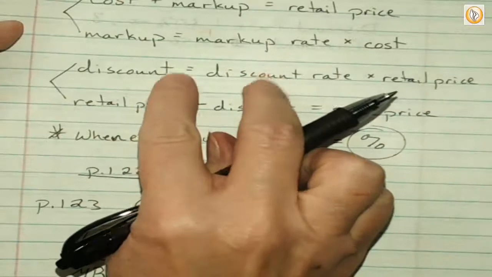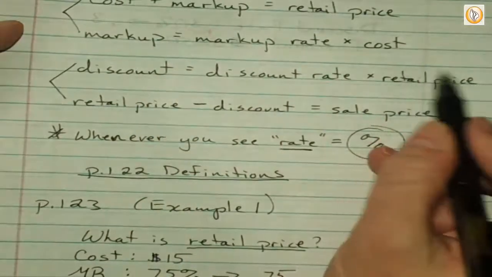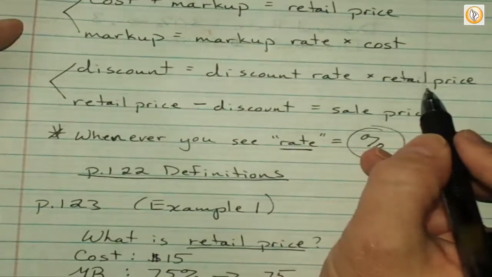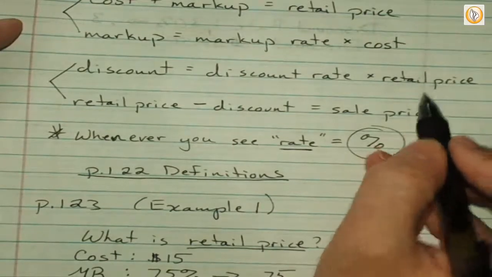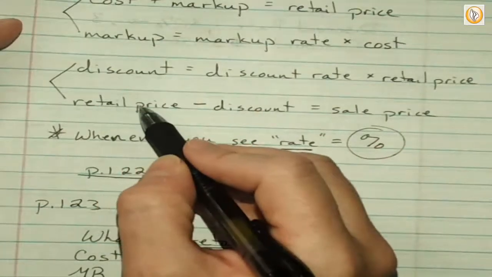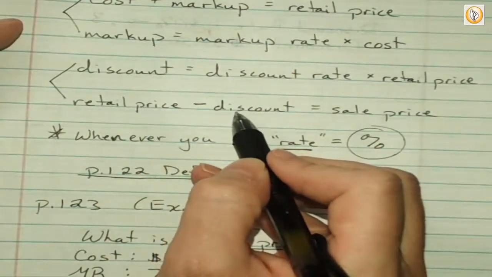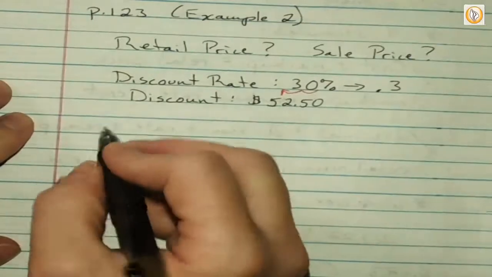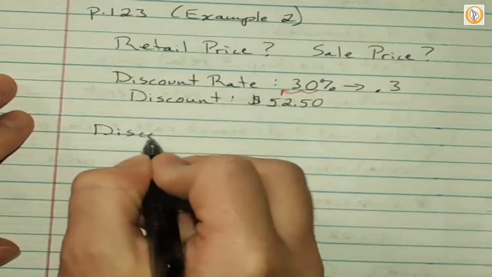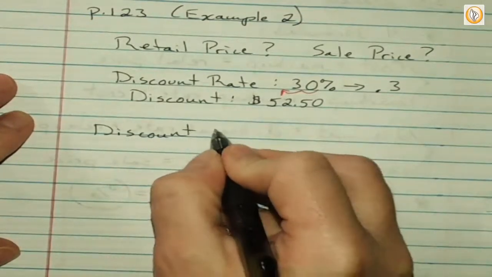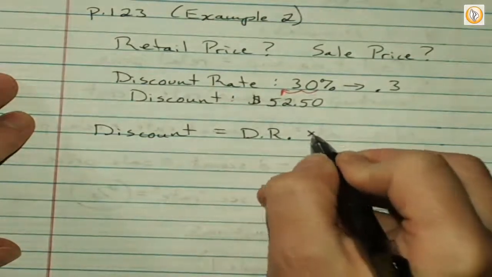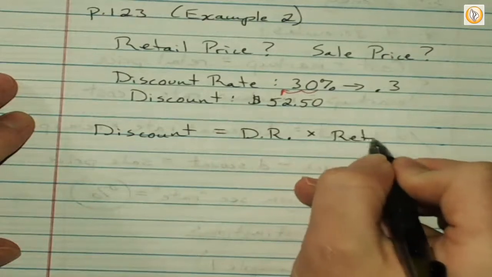So since we have those two pieces of information, we can figure out the retail price. That was the answer to one of those questions. Once we get the retail price, we can plug it in here, subtract it from the discount, and we'll get the answer to our second question. All right. So discount equals discount rate times retail price.